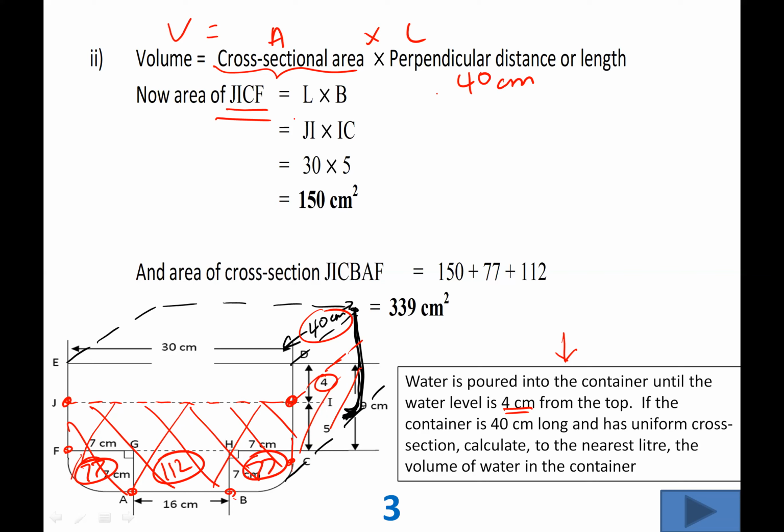Now, to get GICF, all we have to do is multiply the length of that rectangle, which is GI, times the width of it, or the breadth, which is IC. GI is from here to there, which is 30 centimeters. So we put that 30 in, and we multiply it by IC. Now, how did I get IC as 5? Well, remember, it was 4 centimeters from the top, and the whole height initially was 9 centimeters.